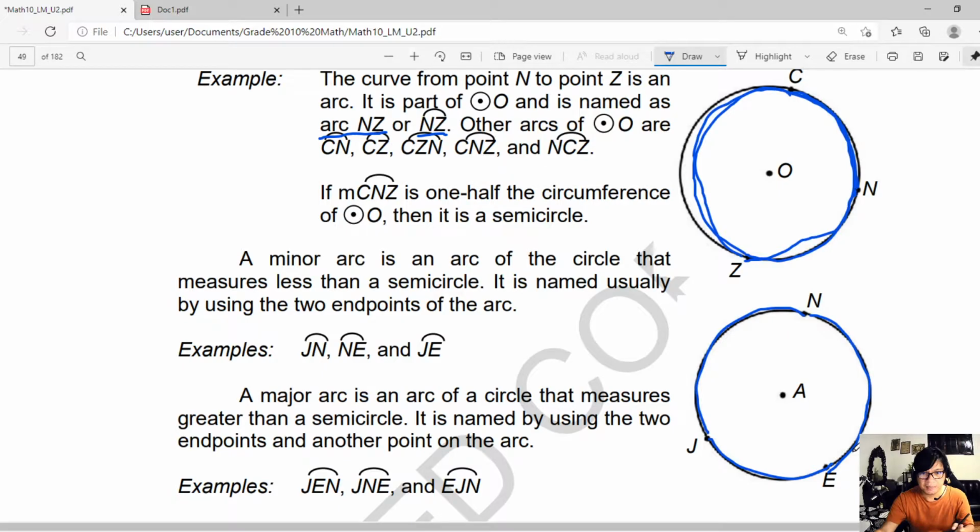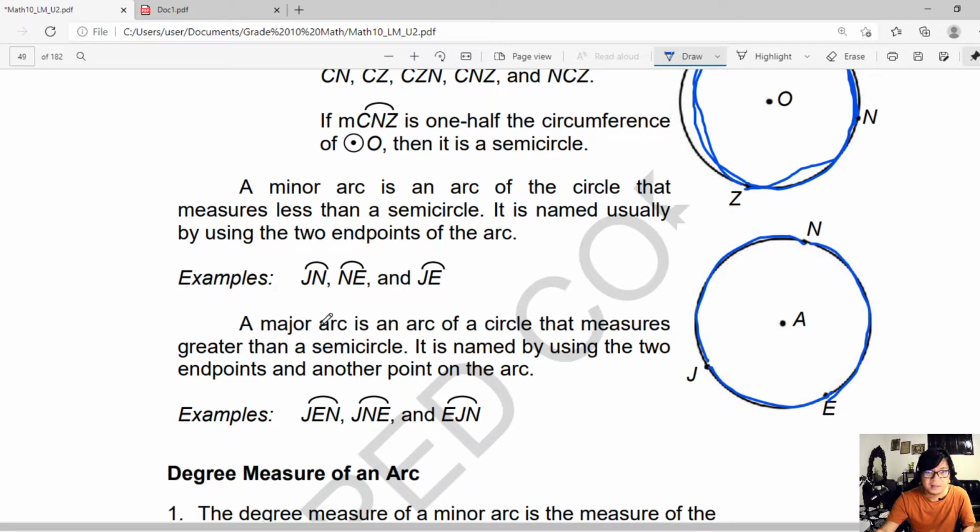Pag major arc naman, you usually use for greater than a semicircle, we usually use 3 letters in describing the arc. So a major arc is an arc of a circle that measures greater than a semicircle. It is named by using the 2 endpoints and another point on the arc.